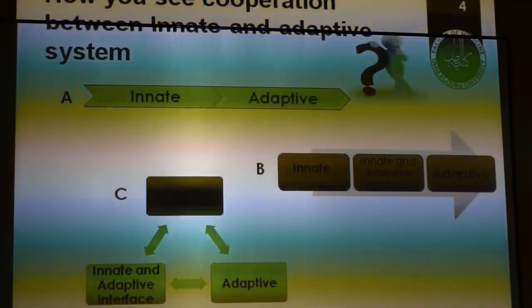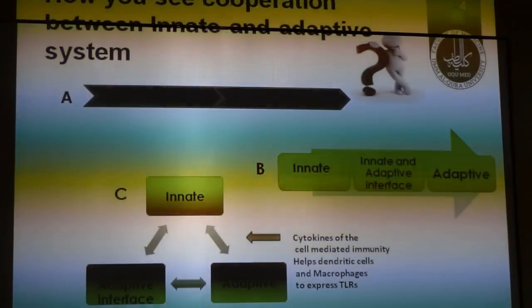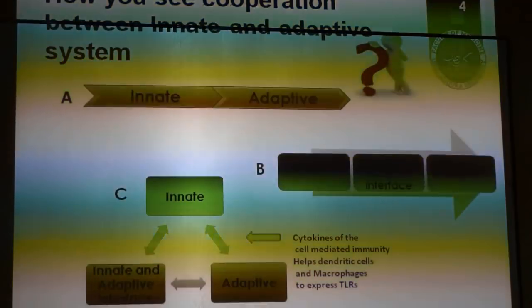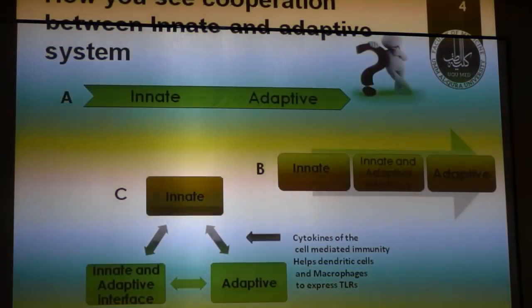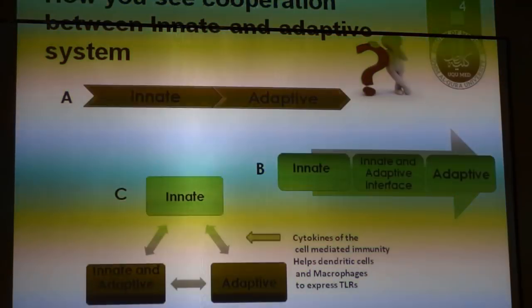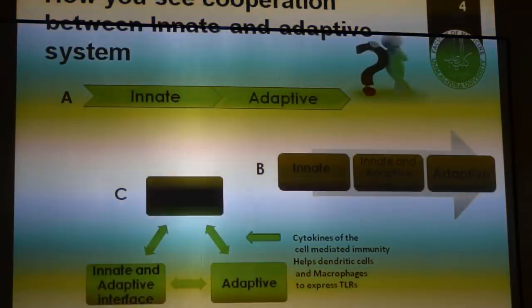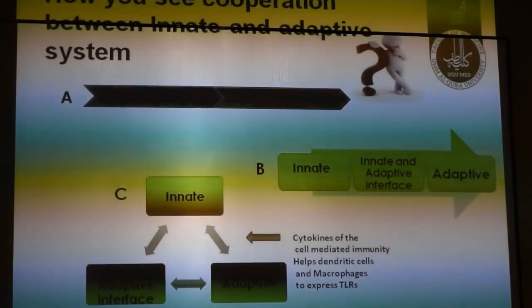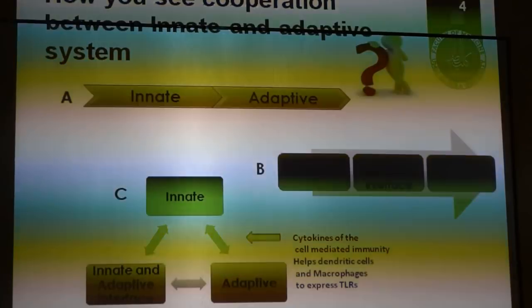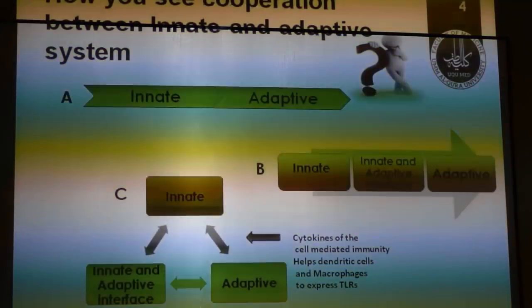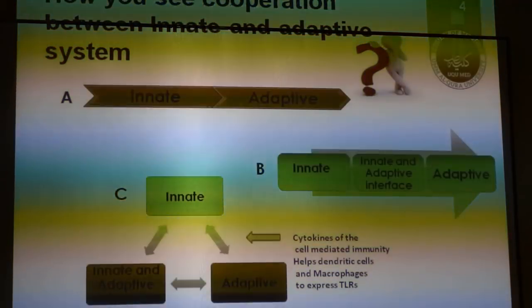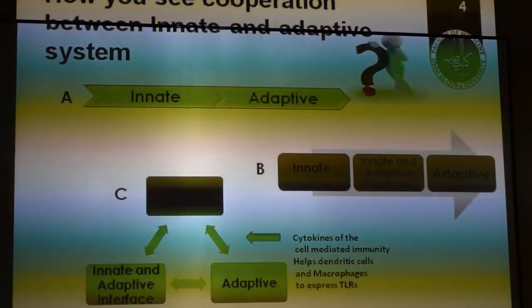Very good. It is scheme 3, and one example I'll give is that the cytokines of cell-mediated immunity, for example the effector Th1 or Th2, help the dendritic cells and macrophages perform their functions. In one of the slides today, we'll see that part as well.